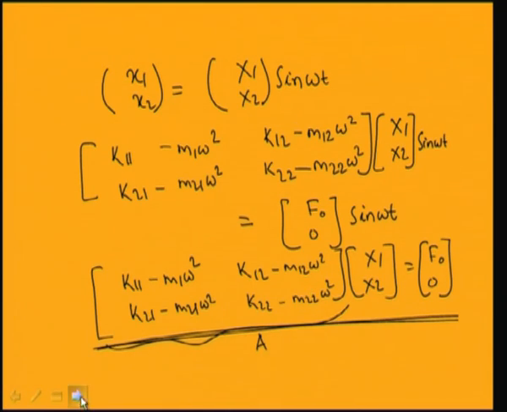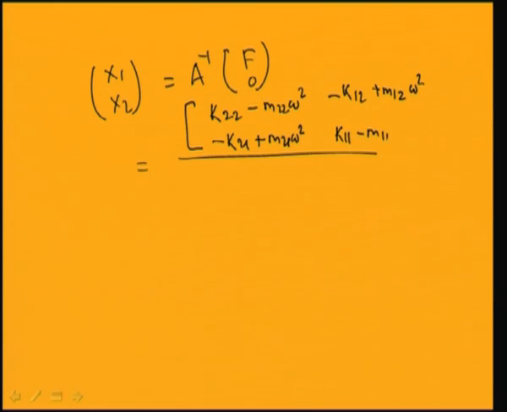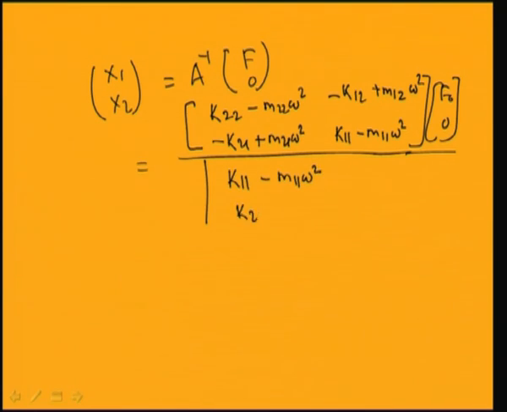So if you write in this way, this becomes [k22 minus m22 omega square, minus k12 plus m12 omega square; minus k21 plus m21 omega square, k11 minus m11 omega square] into [f0; 0] by the determinant of this. So the determinant equals (k11 minus m11 omega square)(k22 minus m22 omega square) minus (k12 minus m12 omega square)(k21 minus m21 omega square).